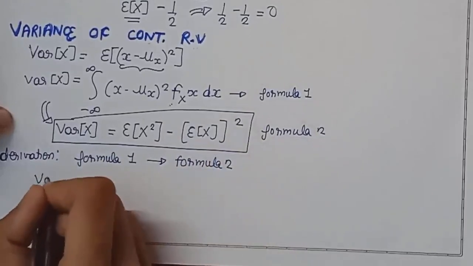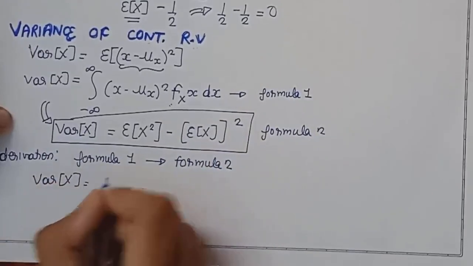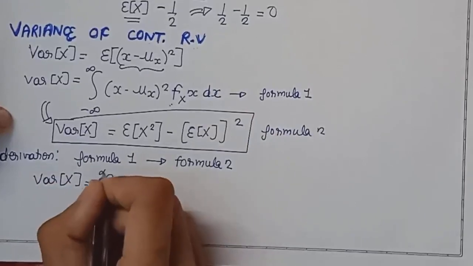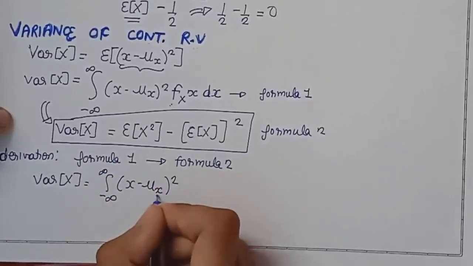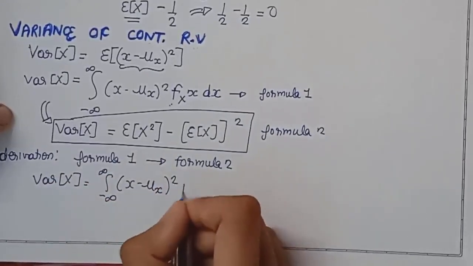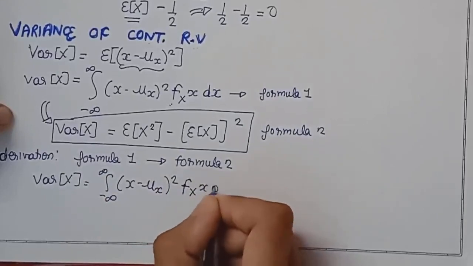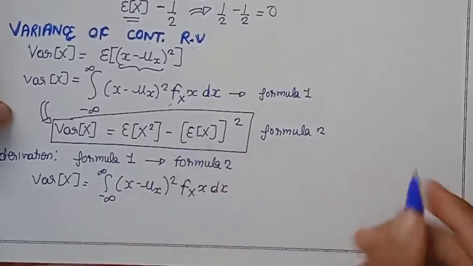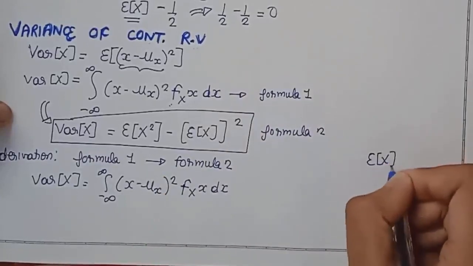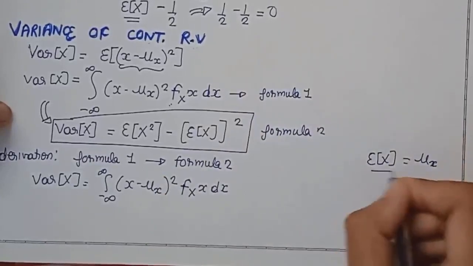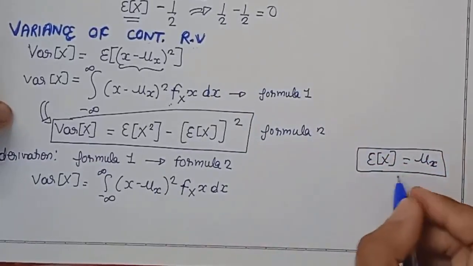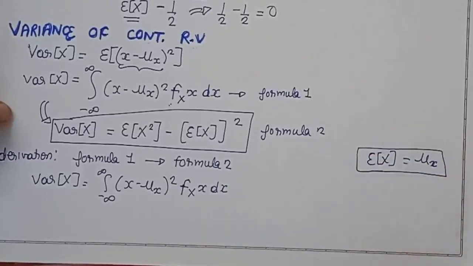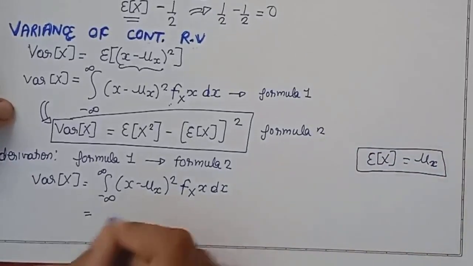Earlier, in the beginning, variance of x is equal to the integration from minus infinity to infinity of this expression, where this nu x is the expectation of the random variable. Don't get confused between nu x and E[x]. We know that E[x] and nu x both are the expectation of the random variable, or you can say both denote the expectation of the random variable.